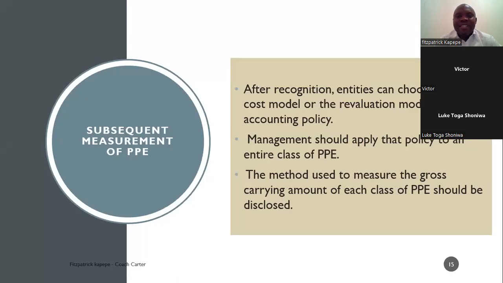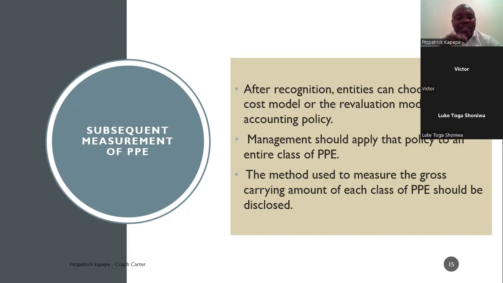So then now we go to subsequent measurement of property, plant and equipment. After you have recognized an asset, you can choose either to use the cost model or the revaluation model as your accounting policy. Management should apply that policy to an entire class of property, plant and equipment.